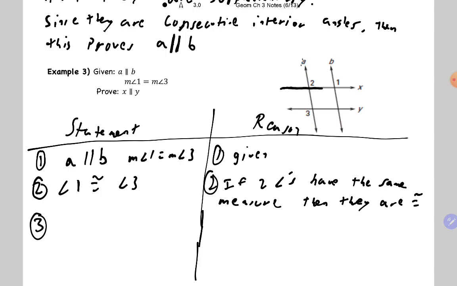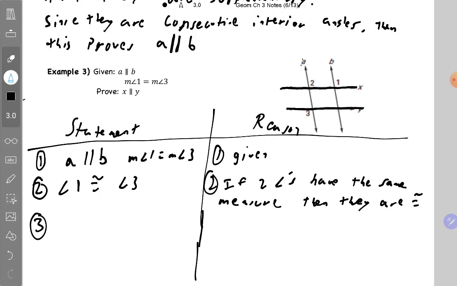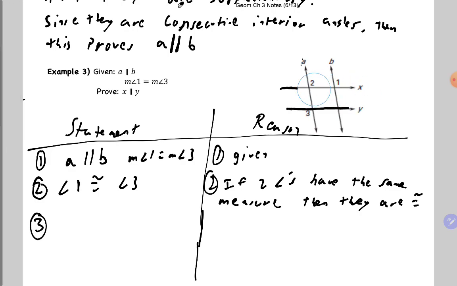So if I look at these two lines here, okay. They tell us that A is parallel to B. Let me draw that in. Arrowhead, arrowhead.